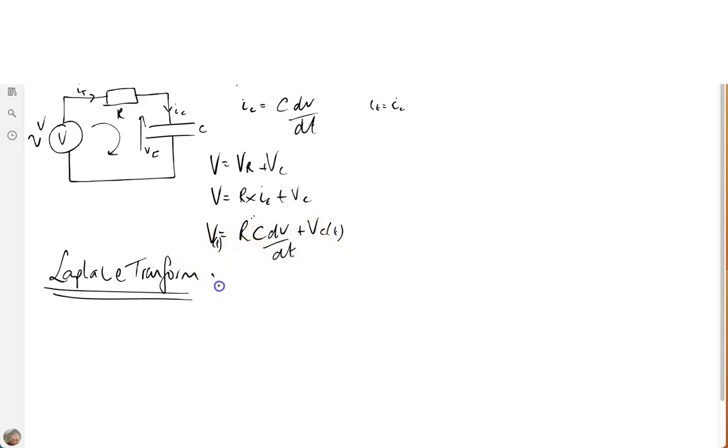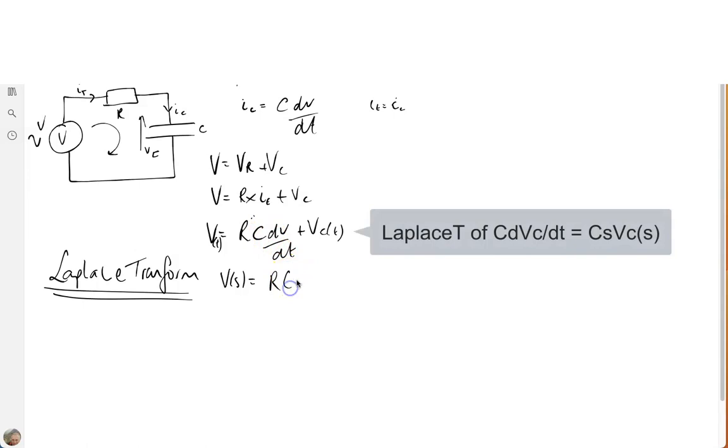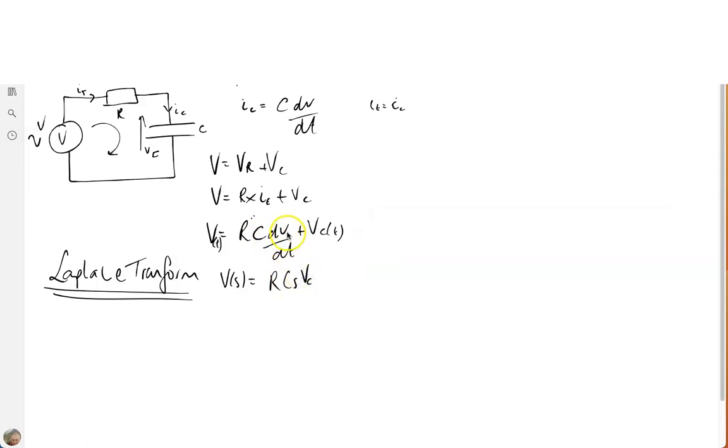So we can say V equals R, a constant, times C, times s, times Vc of s, which we'll call that to differentiate it as the change of voltage across the capacitor, plus Vc of s.